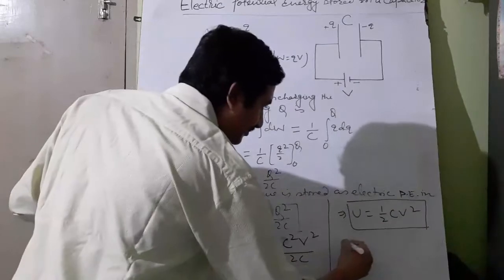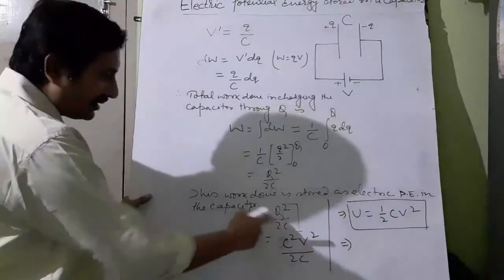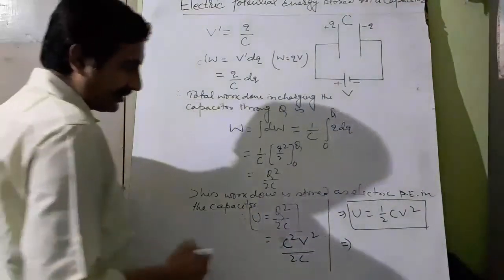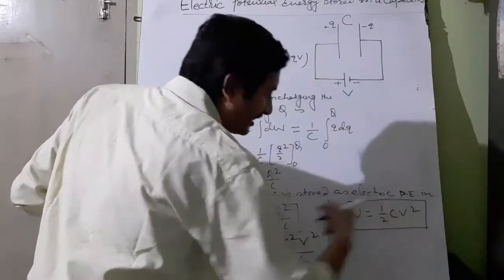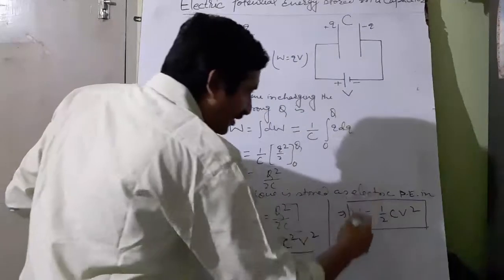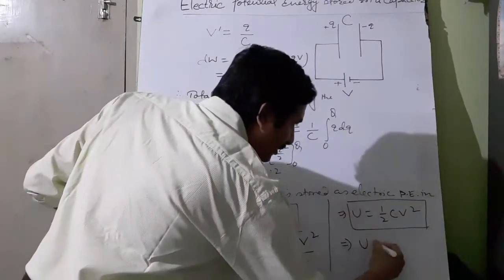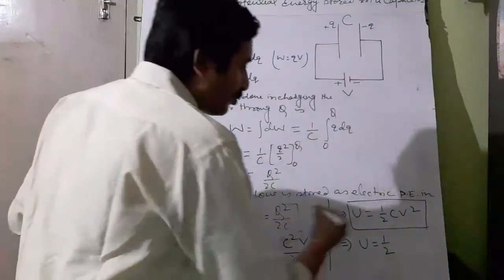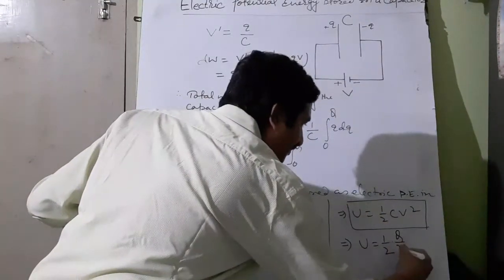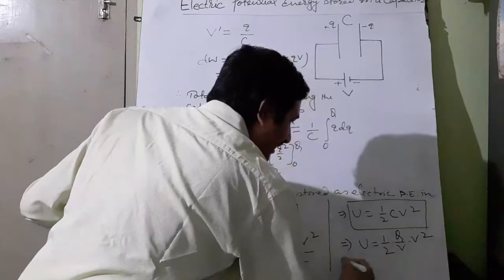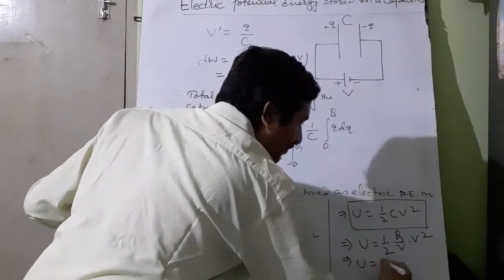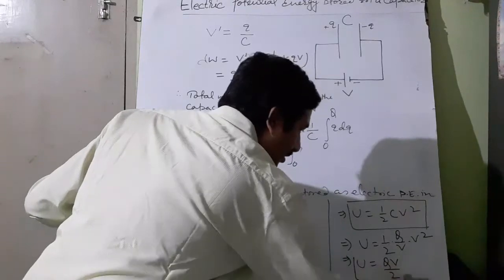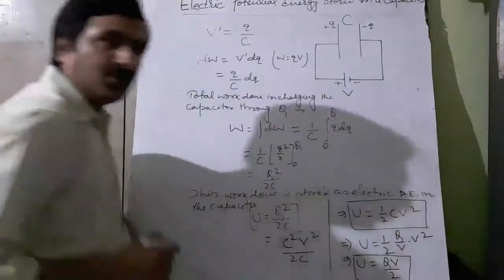Again, C can be written as Q by V. So U is equal to half Q by V into V square, and this gives U is equal to half QV.